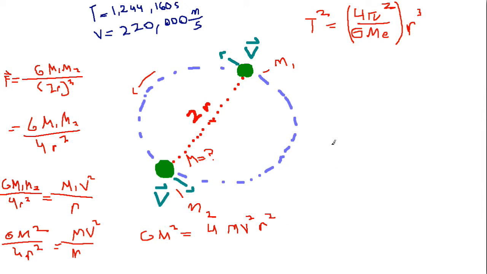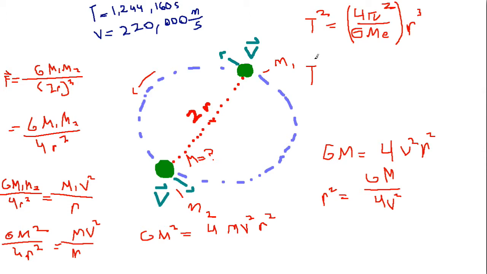So after you cancel this out, G m is equal to 4 v squared r, and r is equal to G m over 4 v squared. Now we have r cubed, so let's plug this in.